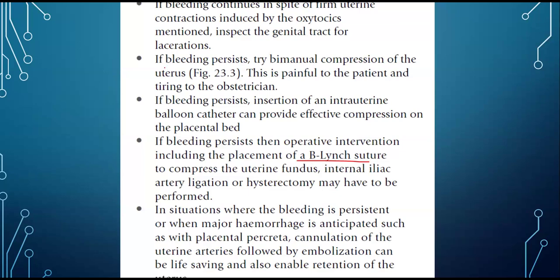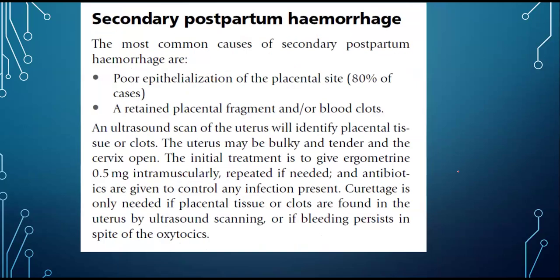Then there is B-Lynch suture. Now this is not important for you. It doesn't come in exam. All they want you to know is that if primary PPH is the cause, fundal massage is the first step. That's the first thing that they want to know. Clear for everyone, primary PPH?